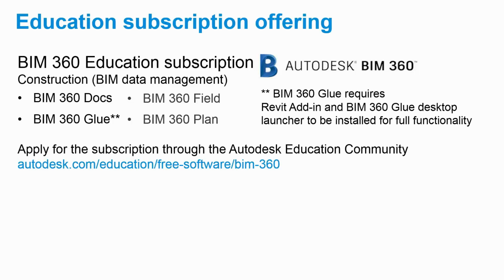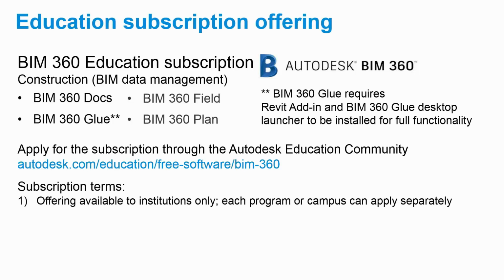The link shown in the middle of the screen is where you would go to apply for that subscription. Let me talk about some of the details here. Again, we're offering this opportunity to institutions only. You can either apply at the enterprise level for the entire campus, or if you just want to apply at the individual program level, we're flexible.